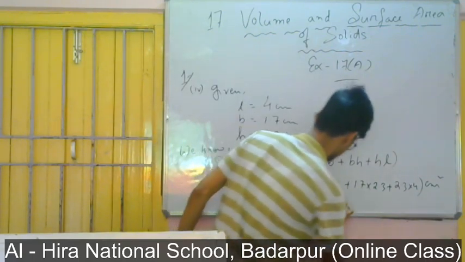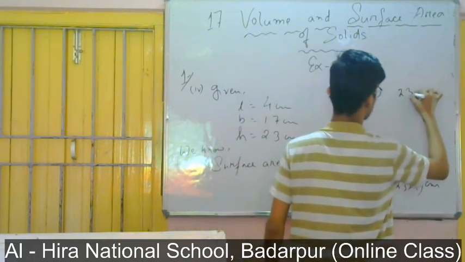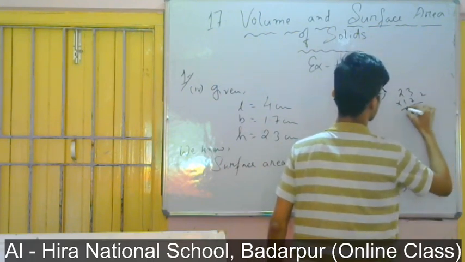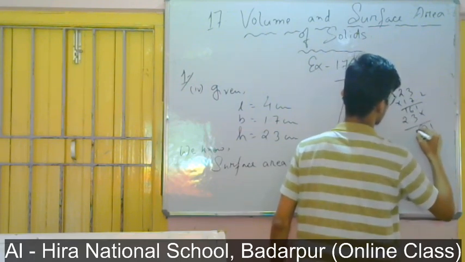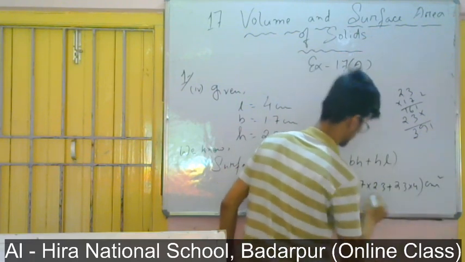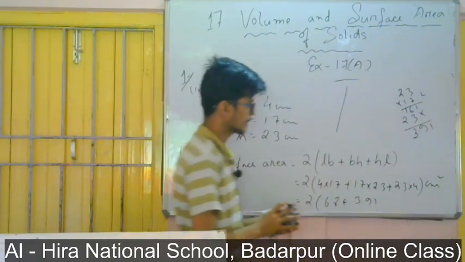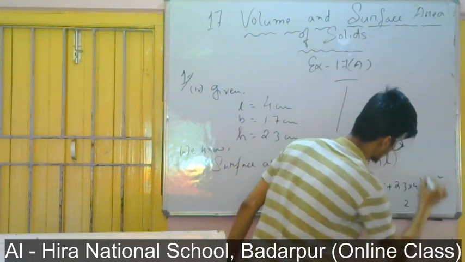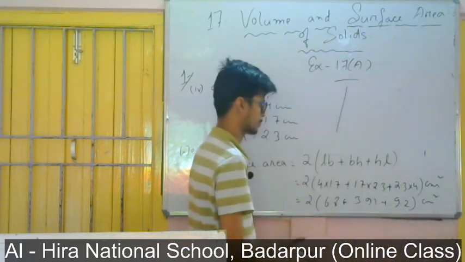17 fours are 68, so it will be 6.8, plus 17 into 23. 7 3s are 21, 2, 7 2s are 14, 15, 16, 23, 1, 6, 7, 8, 9, and 2 and 1, 3, 391, that means, and before 2 place, so it will be 3.91, and then next one, 4 3s are 12, 1, 4 2s are 8 and 1, 9, it will be 9.2 centimeter square.